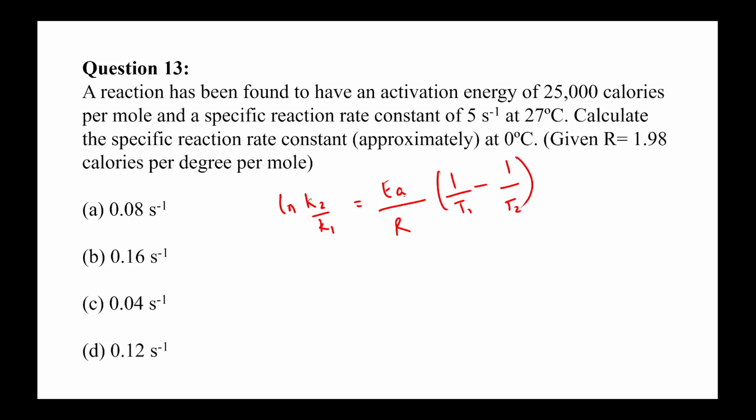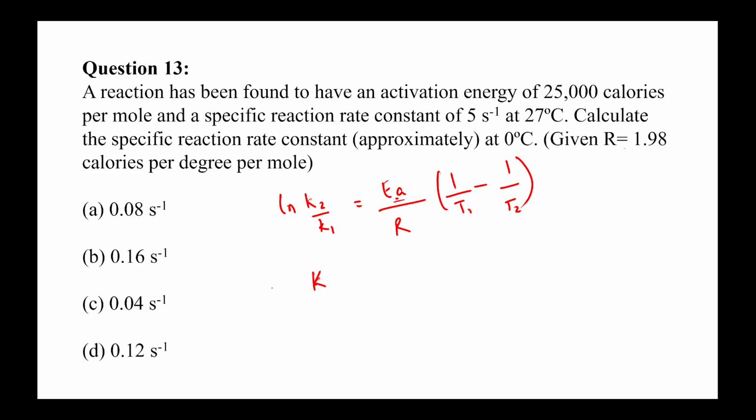So we have the activation energy given. We have the gas constant given. We have the T1 and T2. The main thing to remember in this equation is you have to write the temperature in terms of Kelvin.